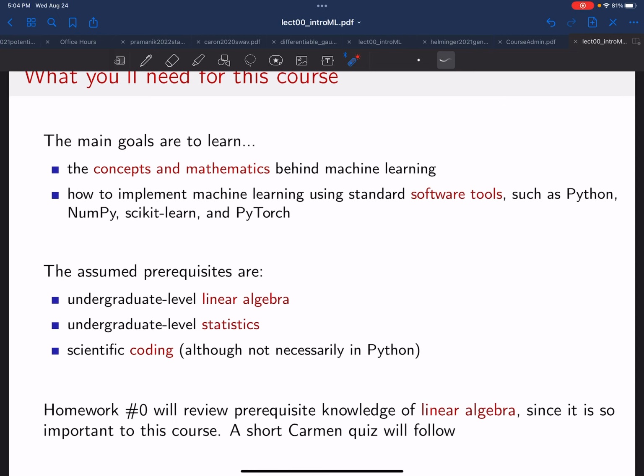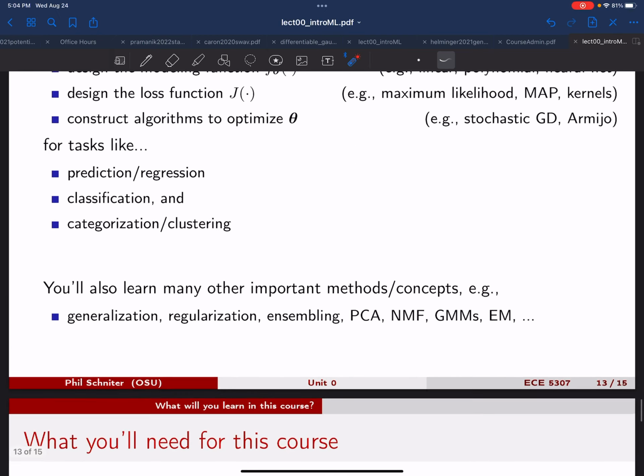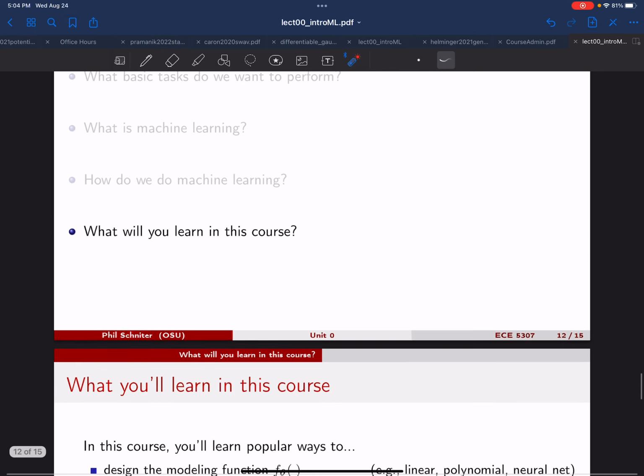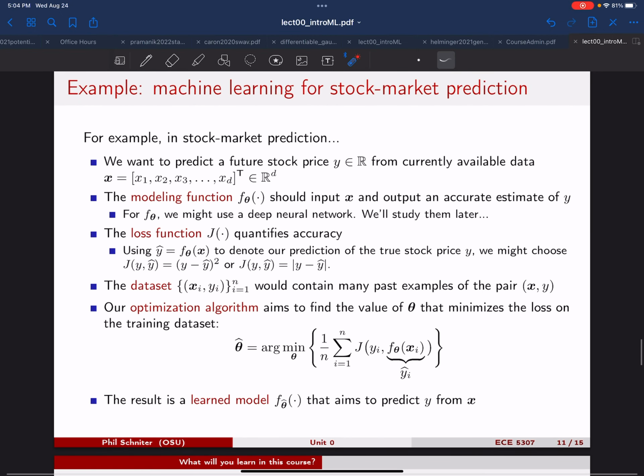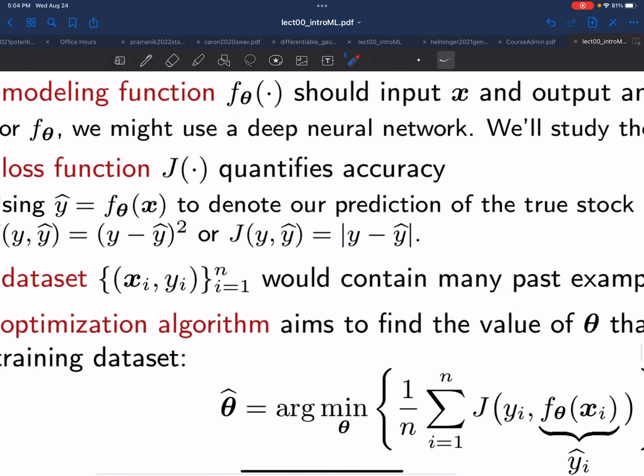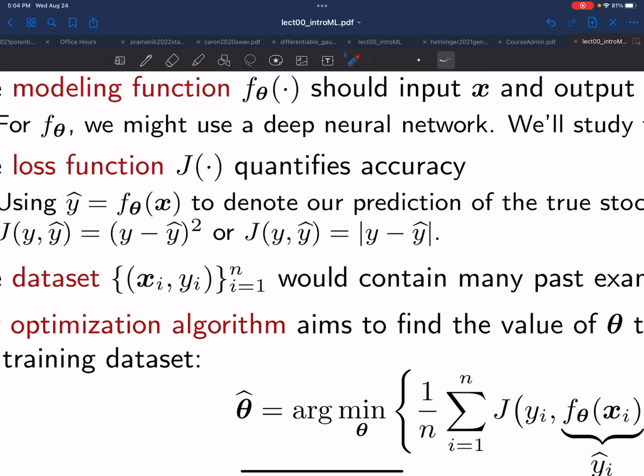Yes? Yeah, could you go back to page 11? Page 11, sure. And then you talk about loss function. Yes. And I noticed you have two different choices, minimizing L2 norm and L1 norm, and it's up to the user. My question is, in our course, is the convention the estimated value minus the nominal value or the other way around? y hat minus y, because the result is going to be the same.